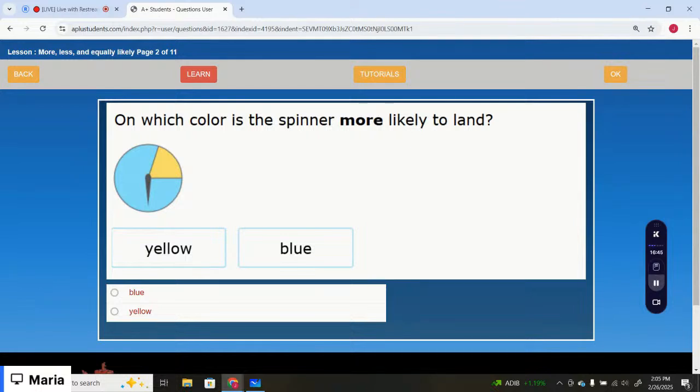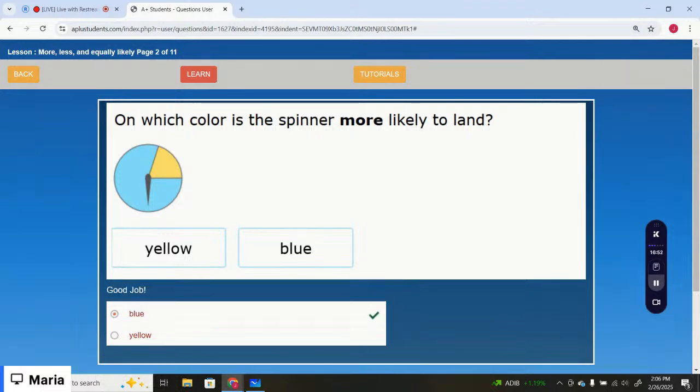On which color is the spinner more likely to land? So that is blue. Option number one is the correct option.